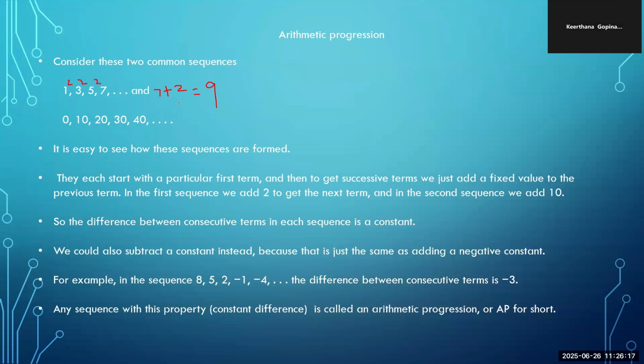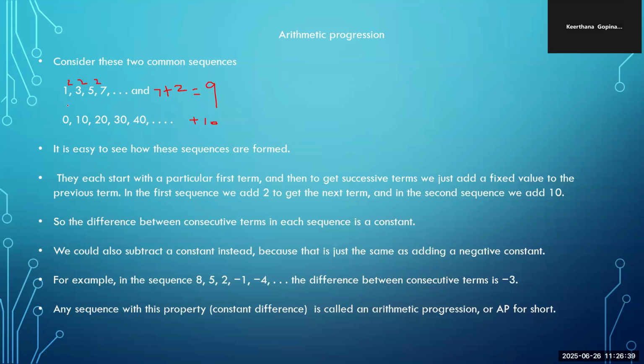Similarly, consider the next example: 0, 10, 20, 30, 40. What is the fixed term here? 10. You should always say it is plus 10, because arithmetic progression can be on negative numbers also. Now this is plus 10.